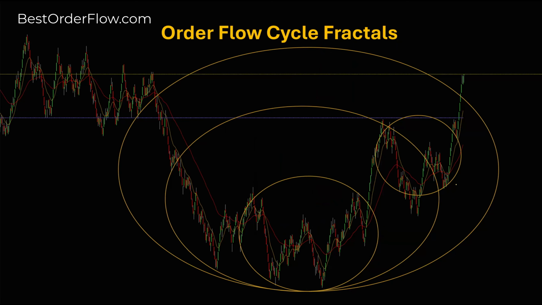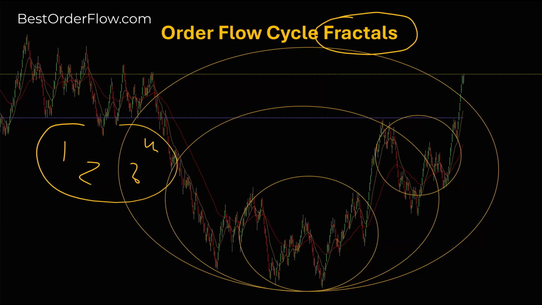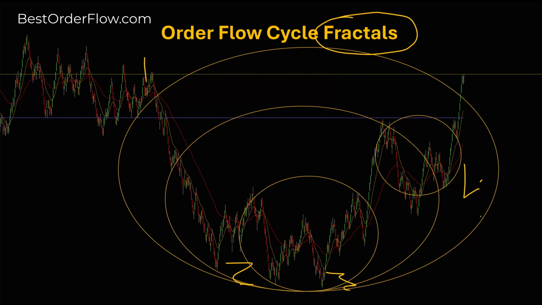Now, the order flow, when we talk about the order flow cycle, as you can see over here, this is just a random screenshot I made, and I was surprised how good it is, because of the fractals. When we talk about the price cycles in stages 1, 2, 3, and 4, we can observe that the stages can be like 1, 2, 3, and 4, right?